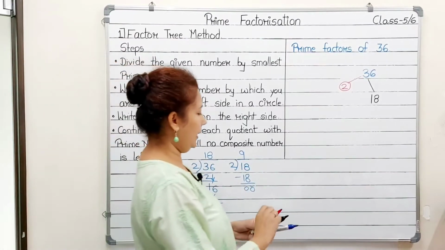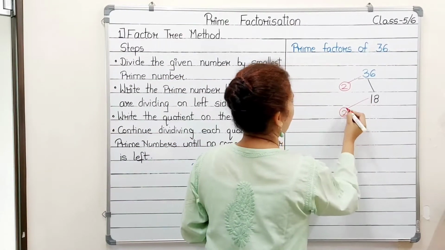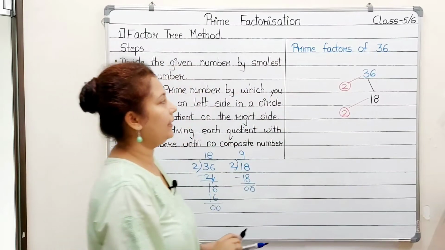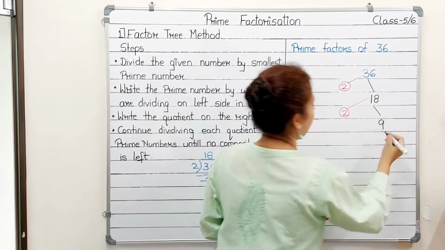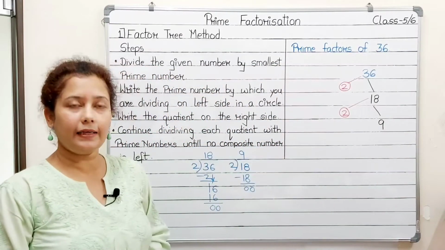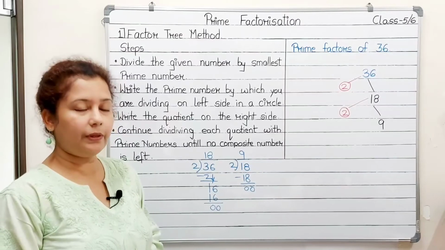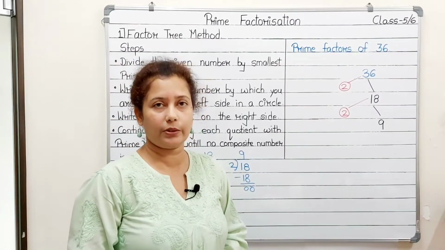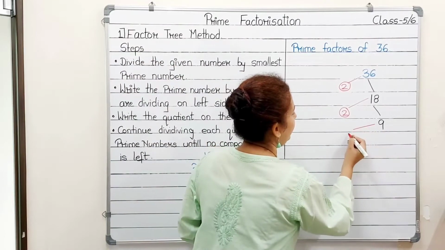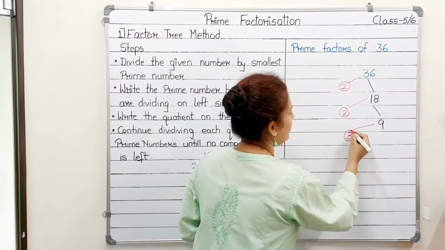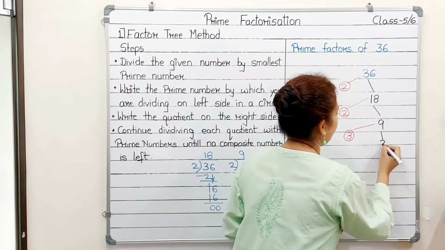So here again we will write 2 in a circle on the left hand side and 9 on the right hand side. Now 9 is not divisible by 2, but it is divisible by 3, and 3 is also a prime number. So here we will write 3 in a circle and here it will be 3.